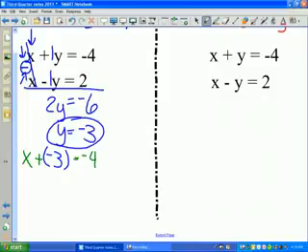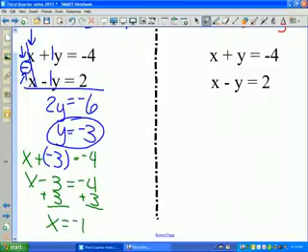A plus negative is just simply saying x minus 3. So it's almost the same as saying a positive times a negative. That's going to be a negative. So since I want to get x by itself, I need to add 3 on both sides, which means that x is going to equal negative 1. So in this case, my ordered pair is negative 1, negative 3.